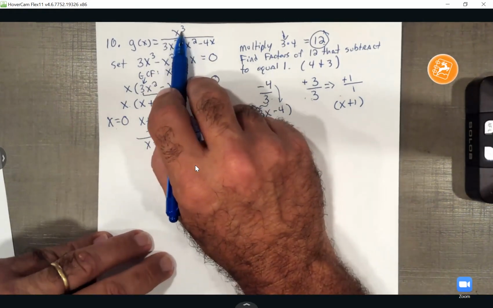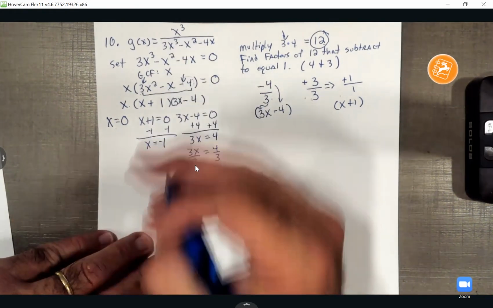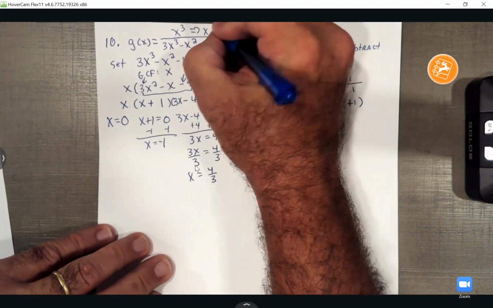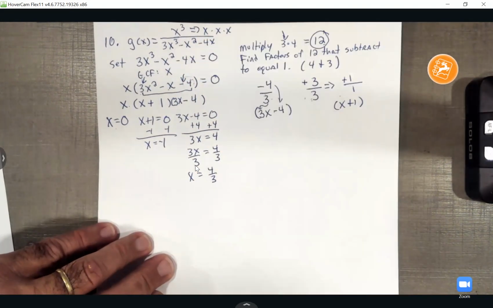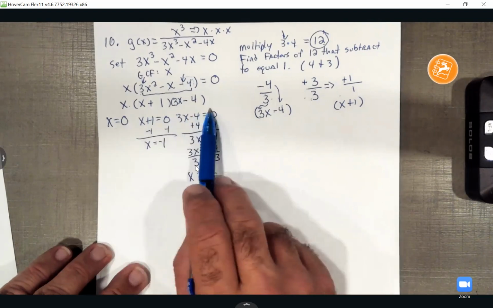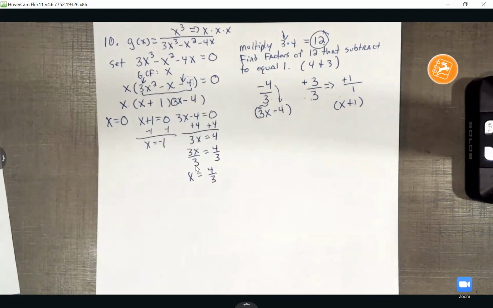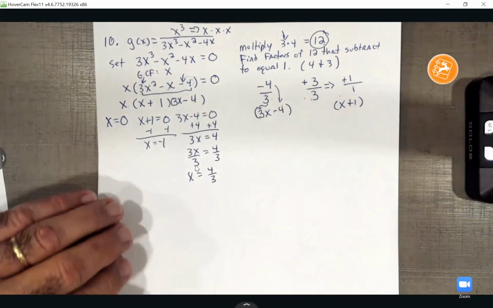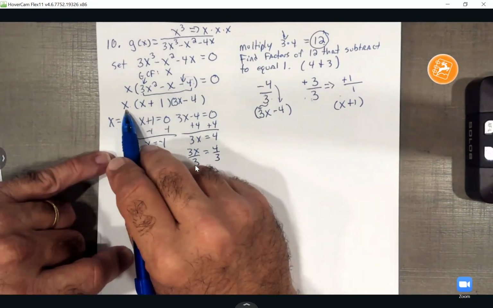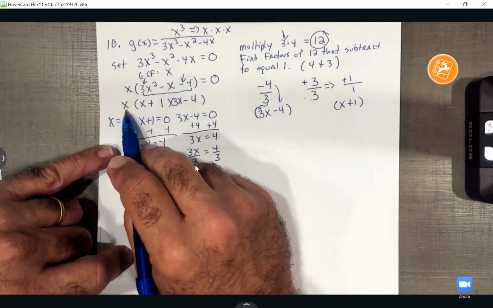So what's this x to the 3rd tell me on top? It basically tells me I've got an x times x times x, right? So now that we know this is x times x times x, did any of these 3 factors cancel with an x? Well, there's an x right out front, right?